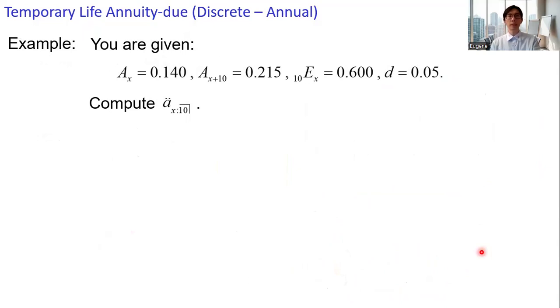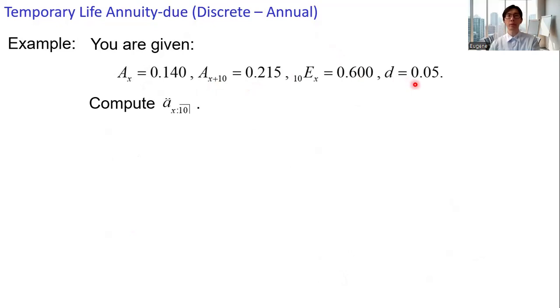All right, let's take a look at an example. Given the following quantities, big A_x is 0.14, and big A_{x+10} is 0.215. The 10-year pure endowment, 10E_x, is 0.6, and the rate of discount is 0.05.